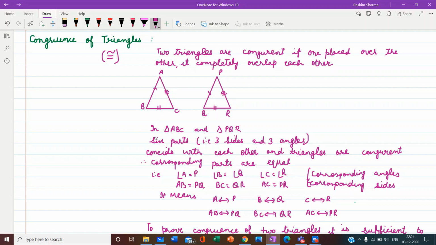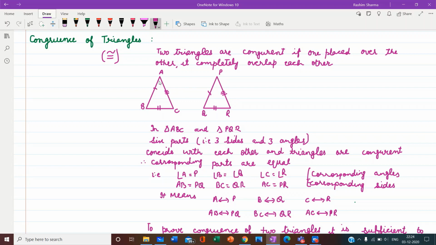Okay, here we have triangle ABC and PQR. Now in each triangle here we have 6 parts, 3 sides and 3 angles. When these parts coincide with each other, triangles are congruent. So one part of one triangle will be corresponding to the part of the other triangle.